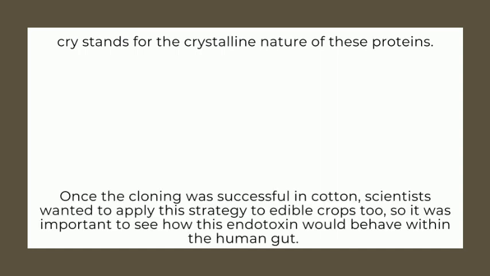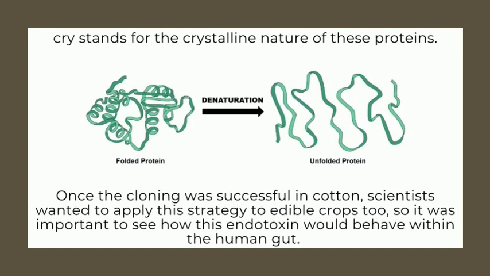Once the cloning was successful in cotton, scientists wanted to apply this strategy to edible crops too. So, it was important to see how this endotoxin would behave once it gets access into the human gut. It was found that these got degraded within just 20 seconds of their entry in the digestive tract of mammals.